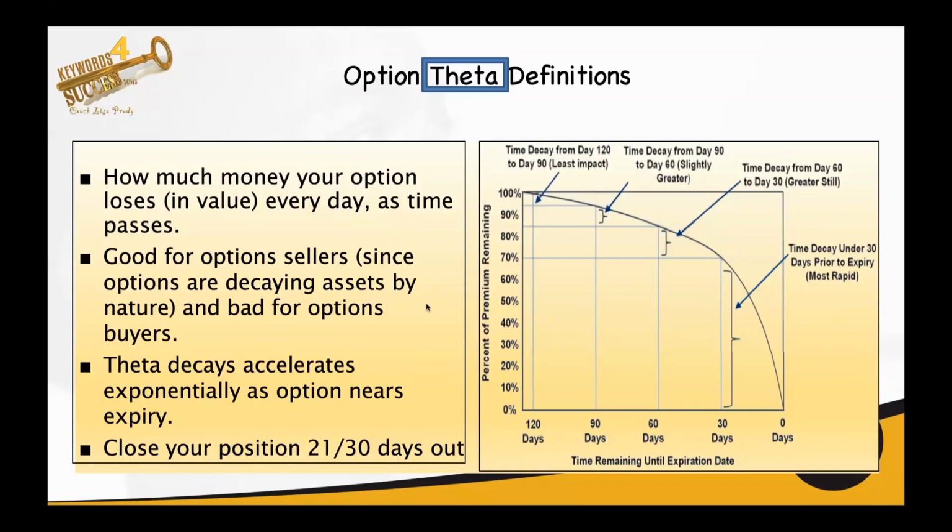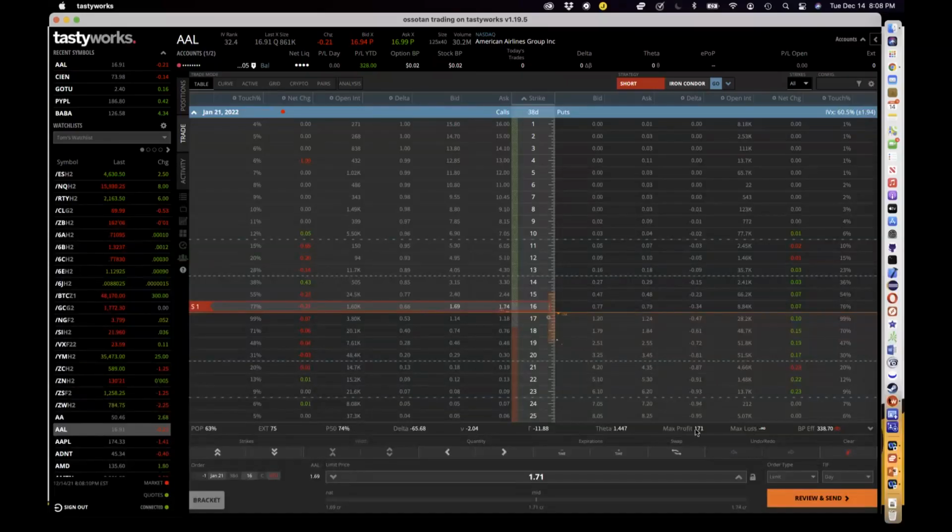So if I go back to my trading platform, for this particular contract my theta is 1.447, which means that if I buy this contract and I pay $1.71, this option contract loses $1.44 every single day.